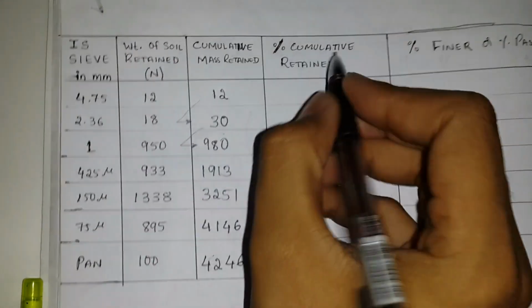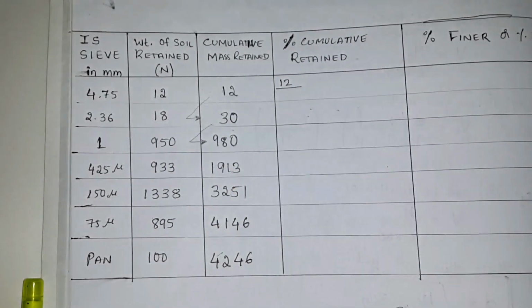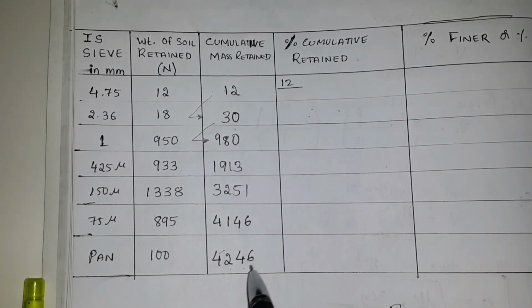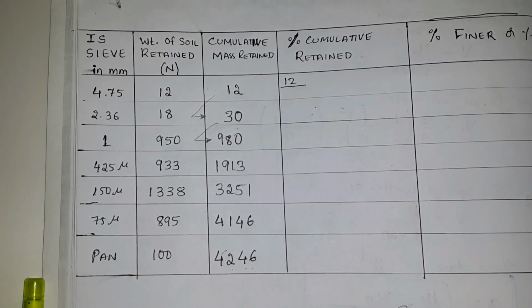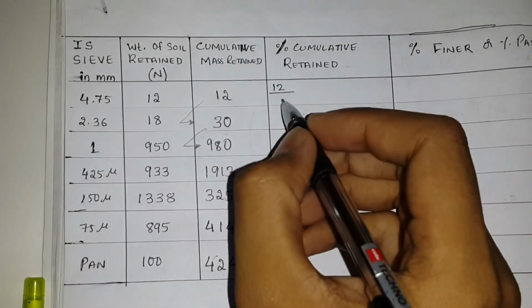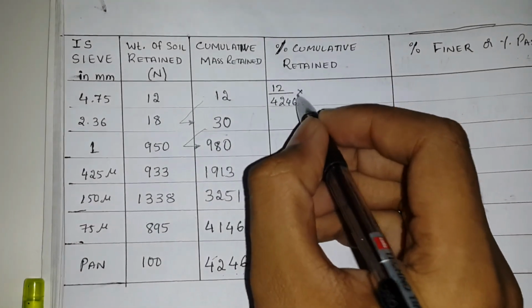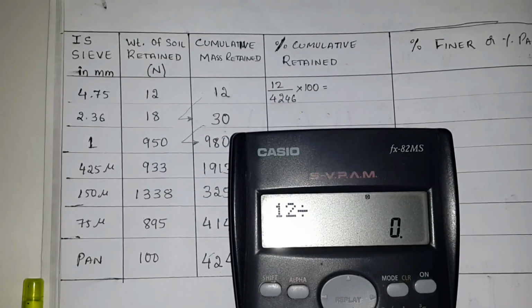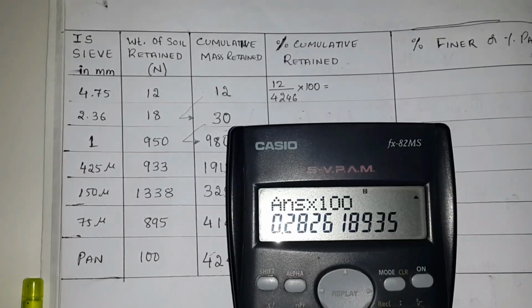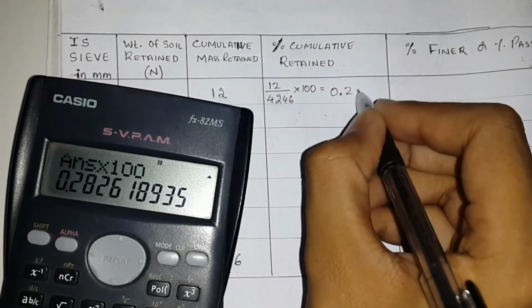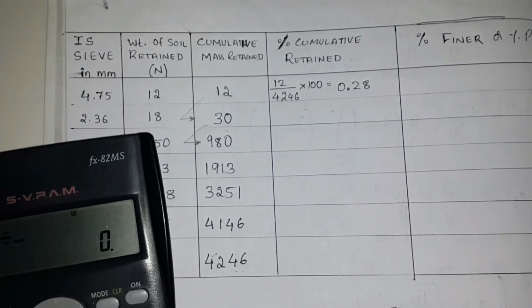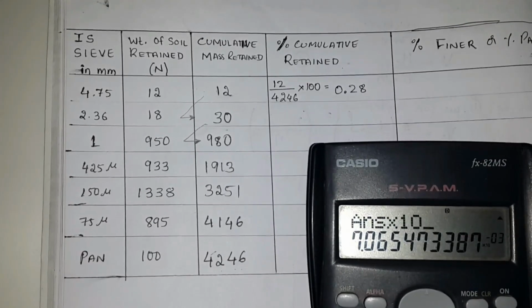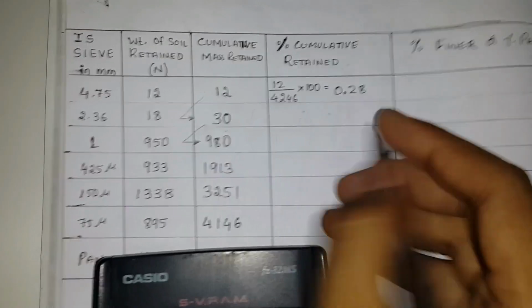For the first value, 12 divided by the total sample taken, that is the last value, 4246, into 100 gives 0.28. Similarly, the next value, 30 divided by 4246 into 100, gives 0.7.